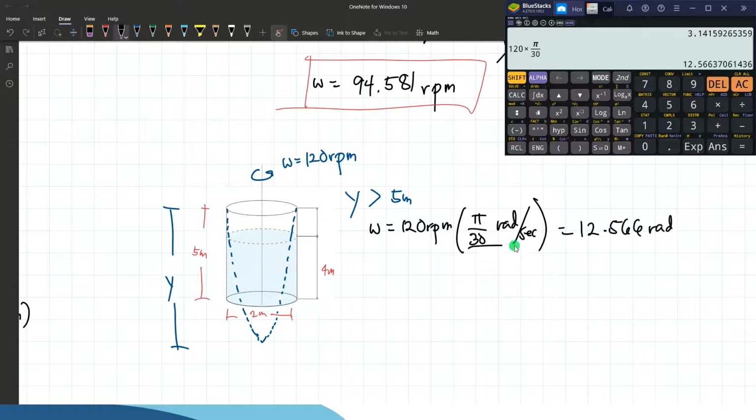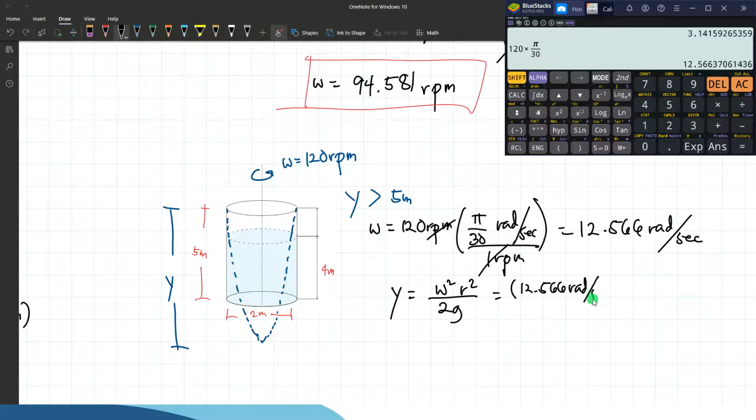12.566 rad per second. So W equals 12.566. Then we use again the solution y equals W squared R squared over 2G. So W is 12.566 rad per second, squared. R is 1 meter, 1 meter squared, over 2G, 2 times 9.81 meter per second squared.